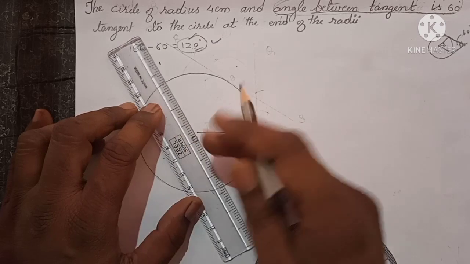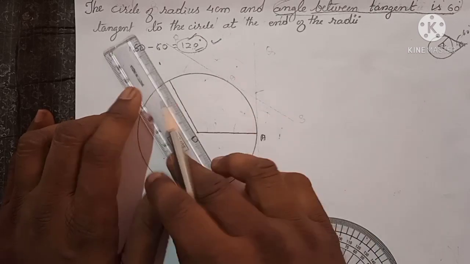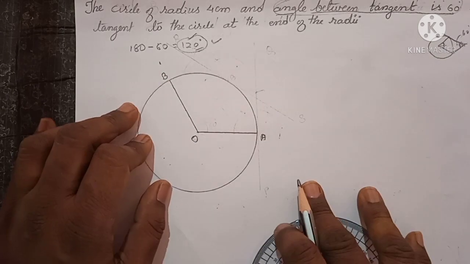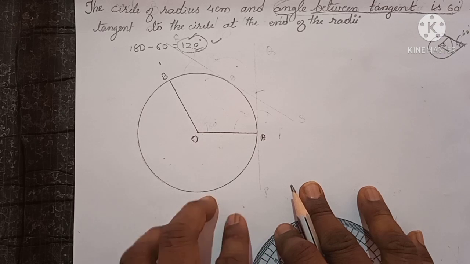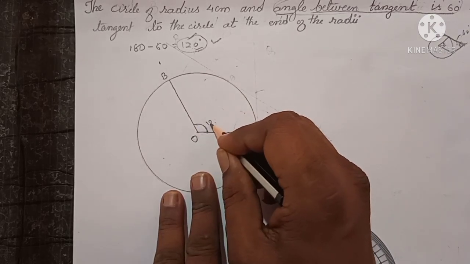Next, you obtain another radius, OB, the other radius. The angle between these radii is 120 degrees.